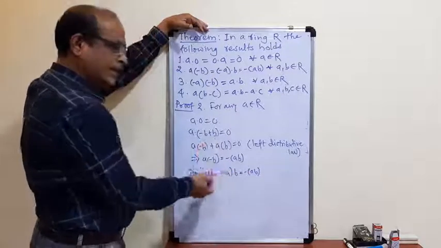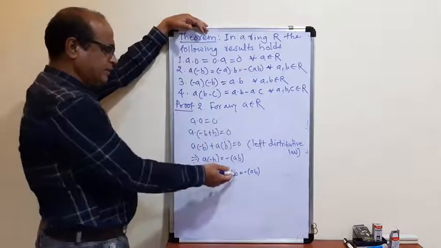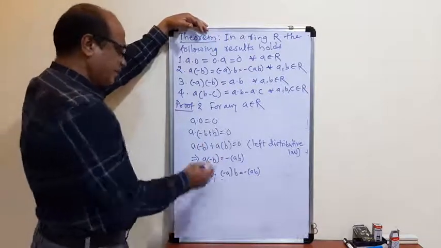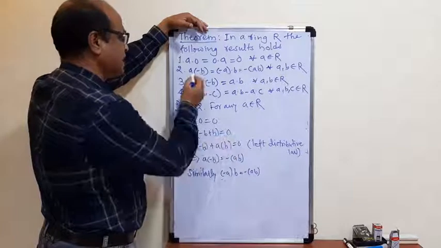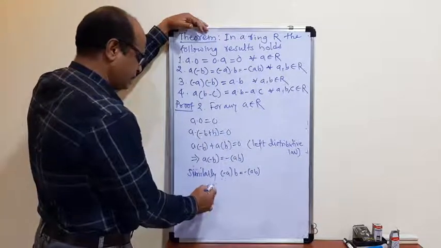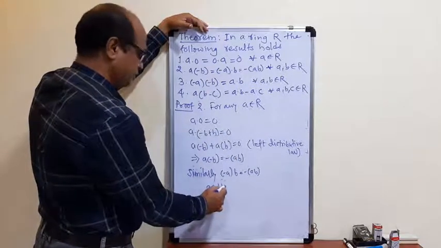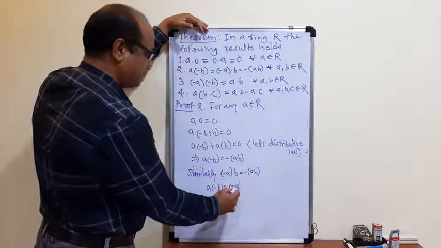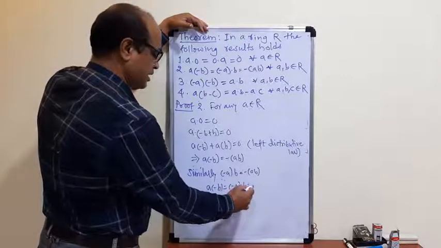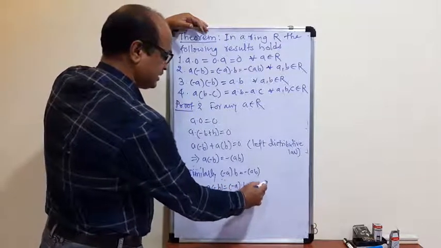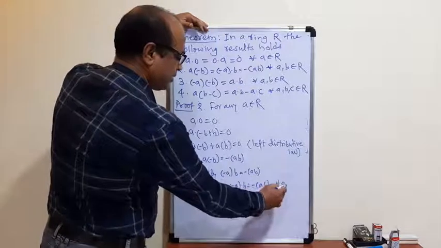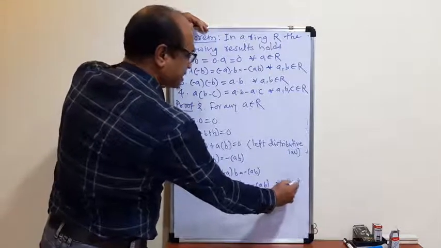We prove it directly the same way. So from these two, we get the second result: A into minus B is equal to minus A into B is equal to minus AB, for all A, B belonging to R. Hence the second result.